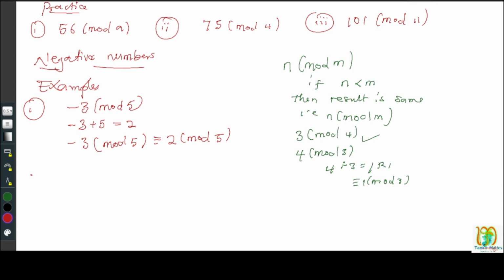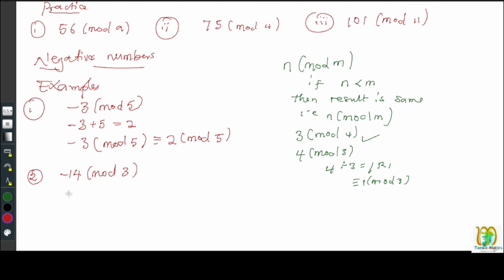Number two, let's say we have -14 mod 3. Now, what are the multiples of 3 that, when we add one to -14, give a positive number? We have 3, 6, 9, 12, 15. 15 is greater than 14, so I can go with 15.